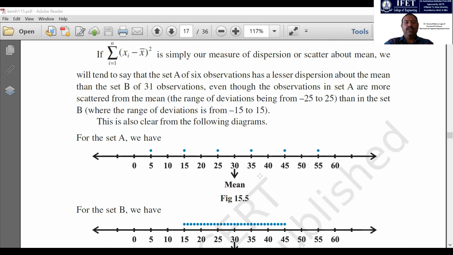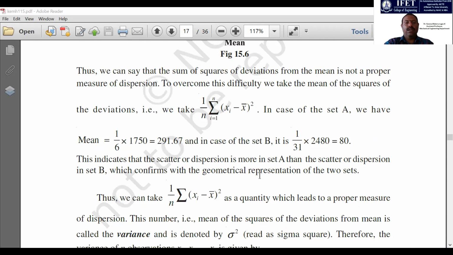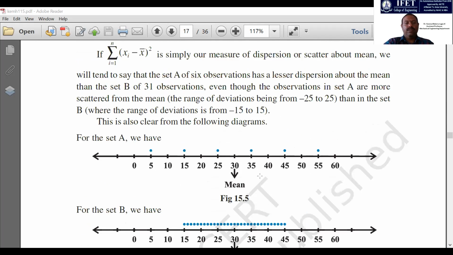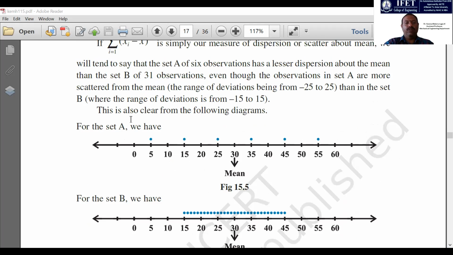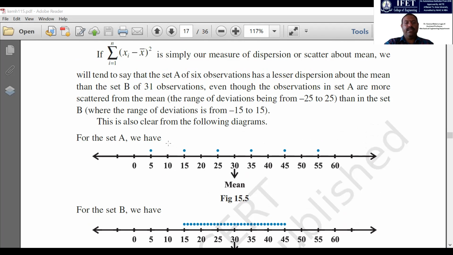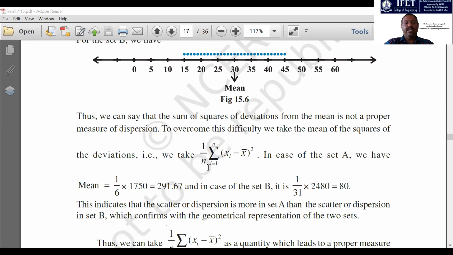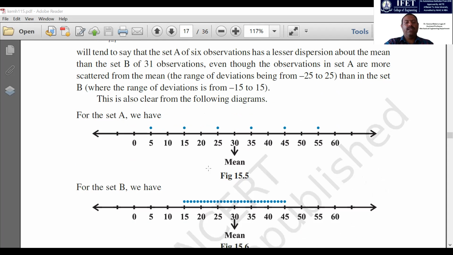Now you can see how these points are scattered for the set of observations A and the set of observations B. How can we differentiate which is more scattered and which is concentrated near the mean value?